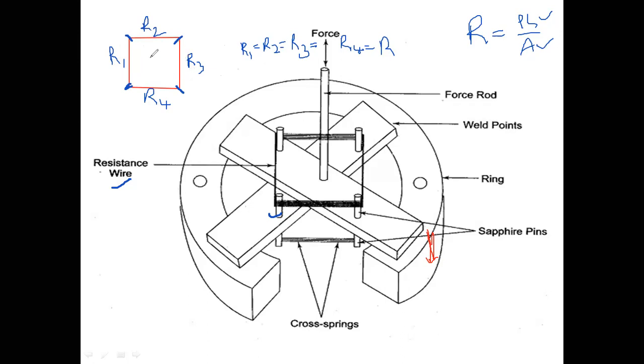I will get output at the meter, if I assume this as a Wheatstone bridge. So the current which I get in the meter is a measure of force here.